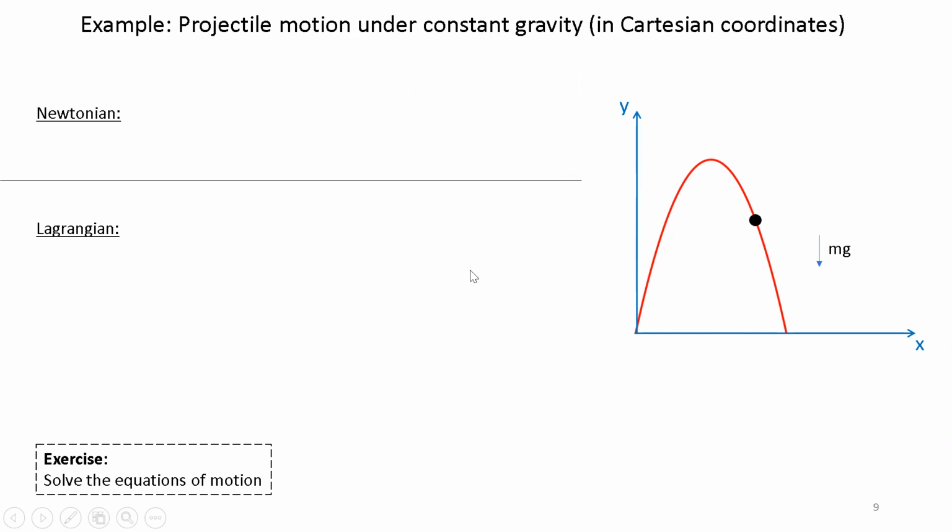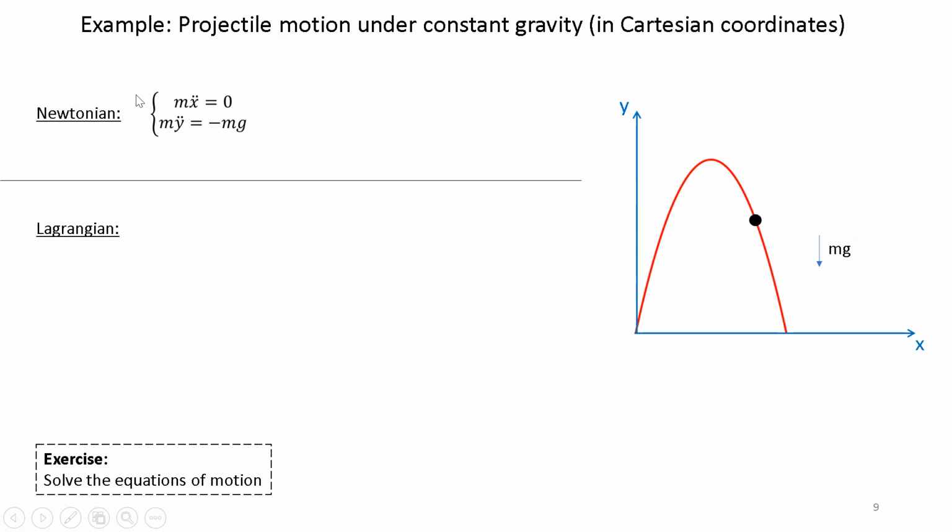The x component of the force and the y component of the force. In the x direction there is no force. The mg is going along the y direction. In the y direction, it is minus mg.